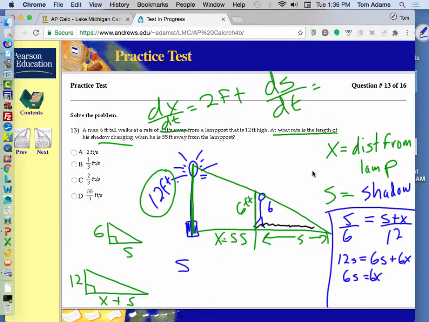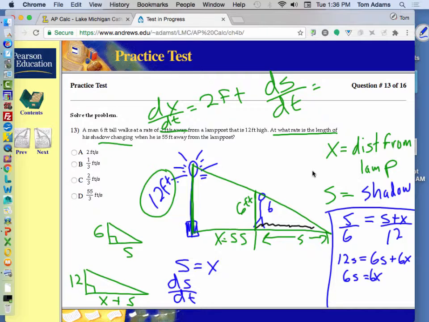So if I say s equals x, then when I differentiate both sides, the derivative of s is what? 1 ds/dt, right? Because s is taken with respect to time.